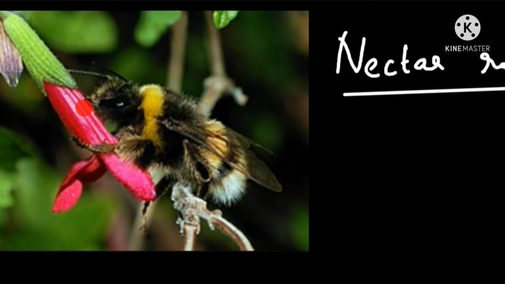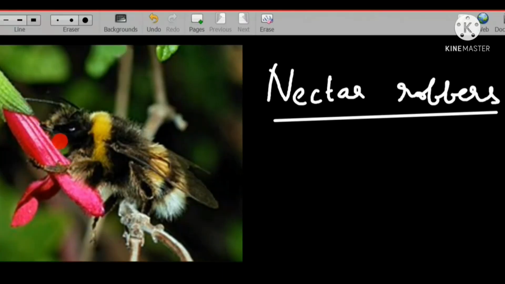Since the place where it's trying to take the nectar does not have any access to pollen grains, it becomes like robbery because there is no benefit for the flower. The pollen grains will not be sticking onto the bees.